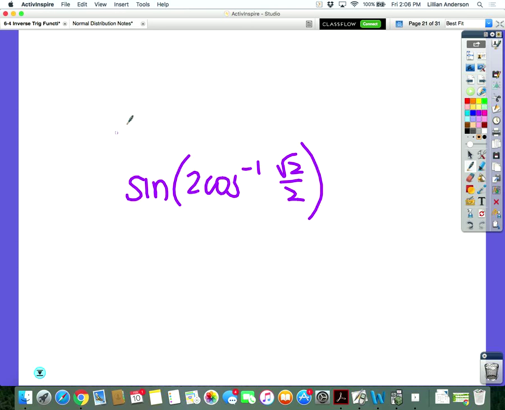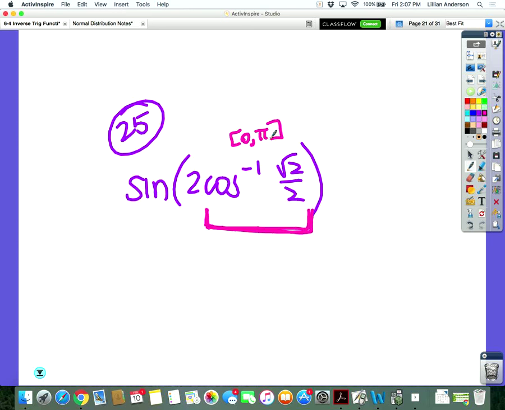This is number 25 on your homework. This is another one where you have to start inside and work your way out. You have to ask yourself, what is the inverse cosine of root 2 over 2? You're still on the restriction. Where's cosine root 2 over 2? Pi over 4. That 2 on the outside means you're going to multiply it by pi over 4.